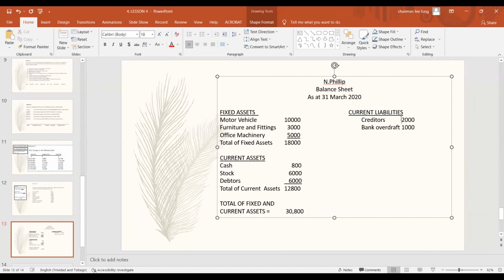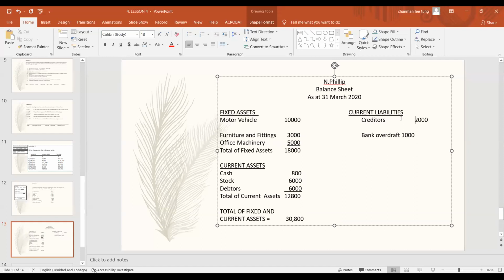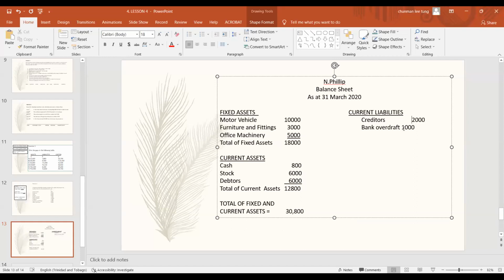So your total current liabilities is $3,000.